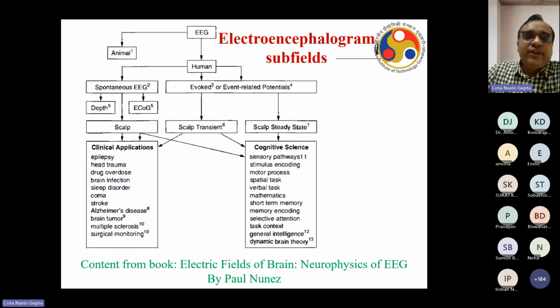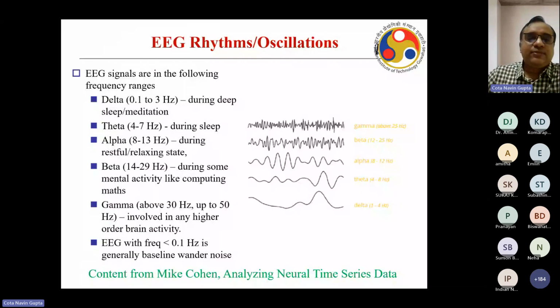Okay, so these are some subfields. Before I show you the subfields, let me show you: you recorded your signal, and from the signal, let's say you take a simple Fourier transform and you see a high spectral density in the delta band, 1.0 to 3 Hz. Then it means that the person is in a deep sleep or a meditation state.